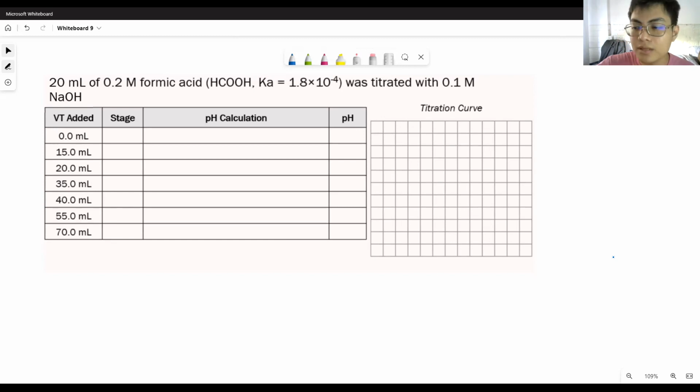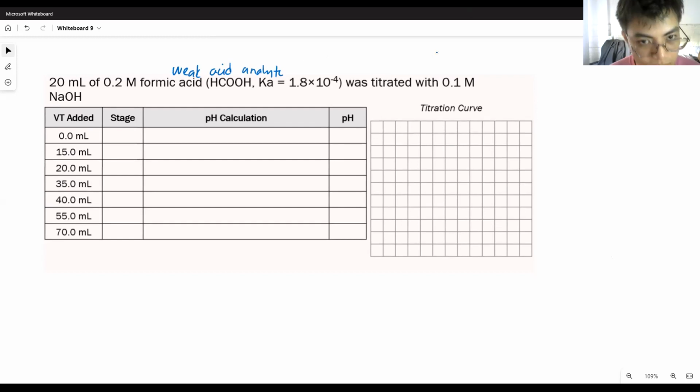So, as you can see, for your analyte, the formic acid, given yung Ka. So that hints na ito ay weak acid. Weak acid analyte. And then for your titrant, it's sodium hydroxide, which you know is a strong base.